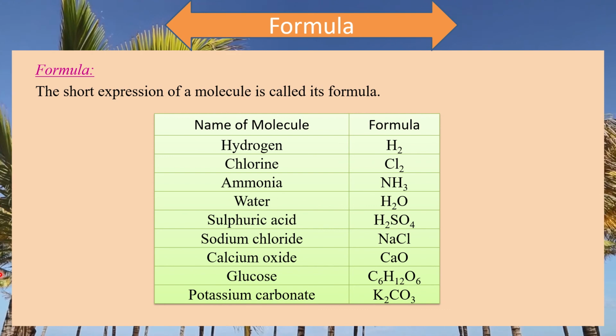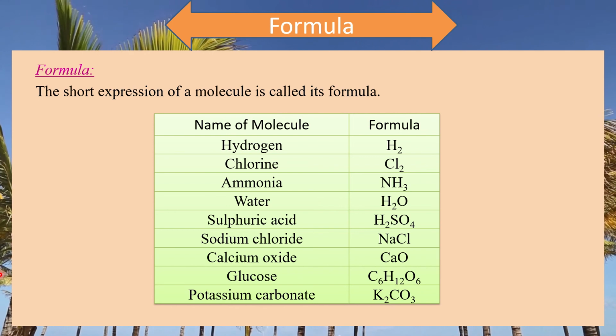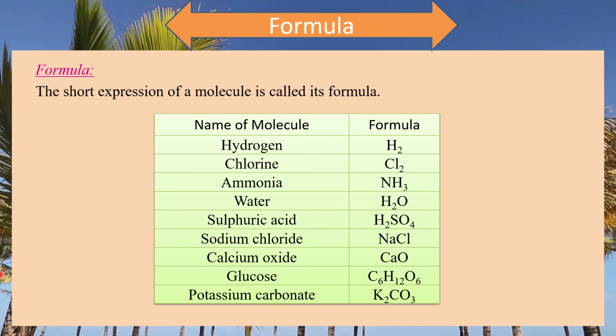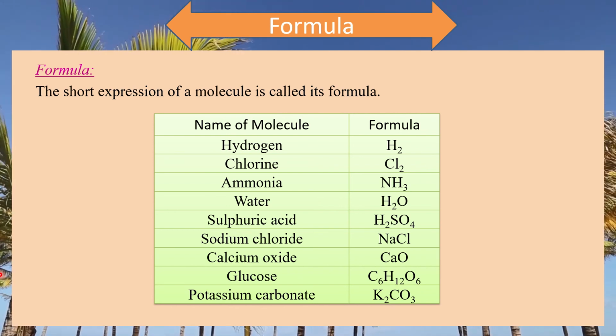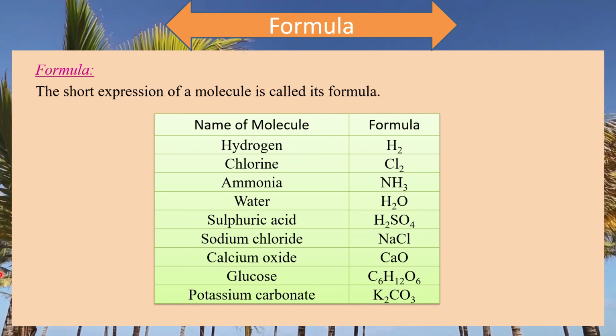For writing a formula, you have to know the symbol of the element and also the valency of the element. If you know the symbols of all elements and also their valencies, then you can write all formulas. So practice writing formulas.